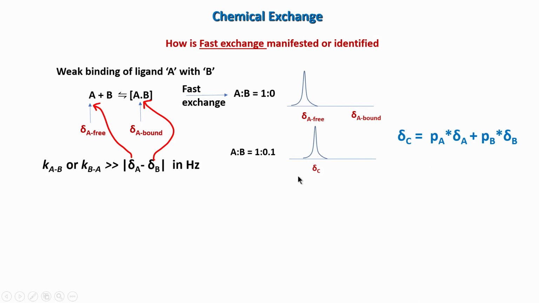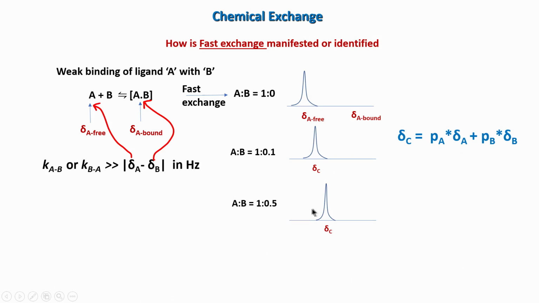But what happens in a fast exchange? In a fast exchange you do not expect this peak to come, because remember I showed in the earlier case we get an average chemical shift which is somewhere in between A and B, and it depends on the population of A and B. So, therefore, you can see this peak comes somewhere close to A, because right now A population is more than B.